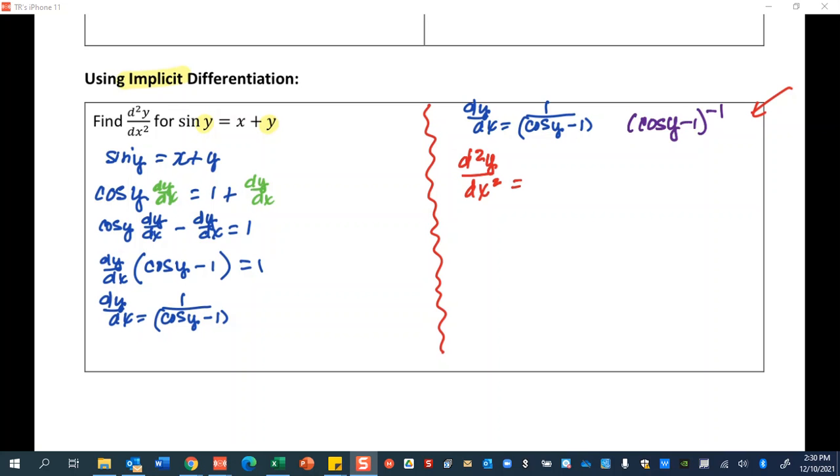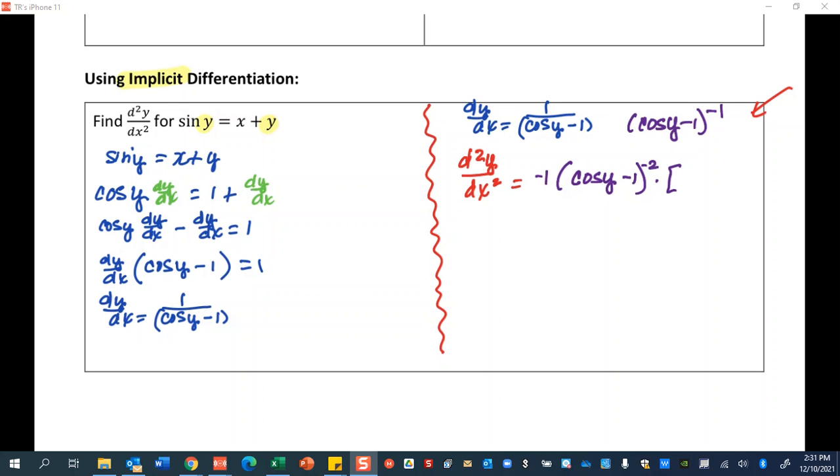If you prefer blue, rock on. If you prefer purple, that's where I'm going to go. So when I go to take the derivative of this function, that negative 1 comes out front, times what's inside, to the 1 less power, chain rule, times the derivative of what's inside.